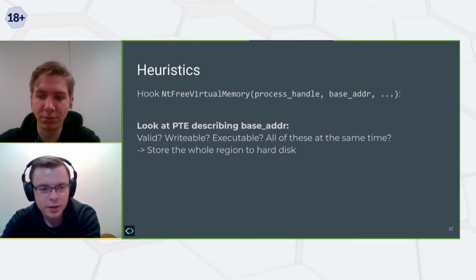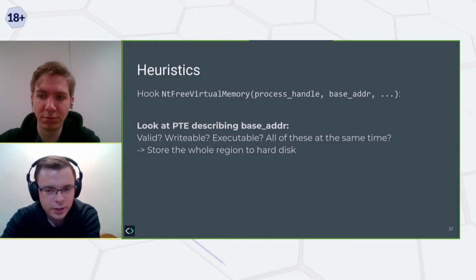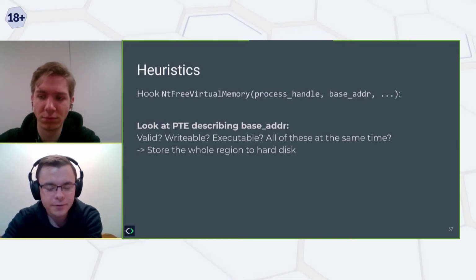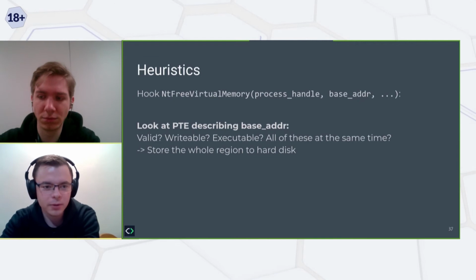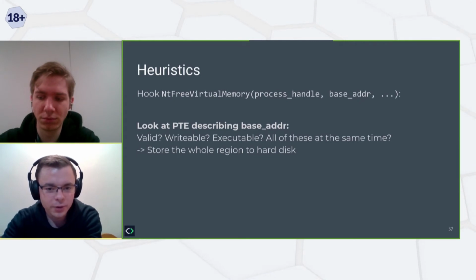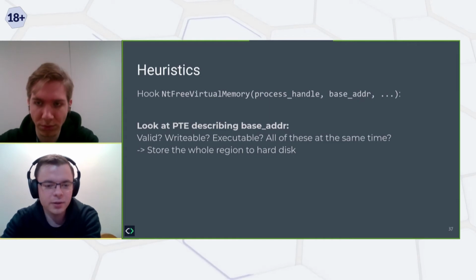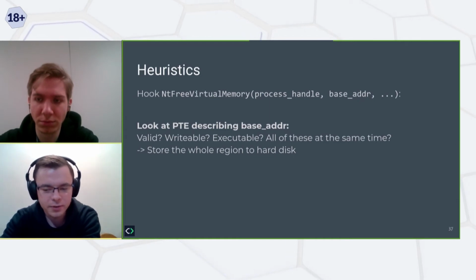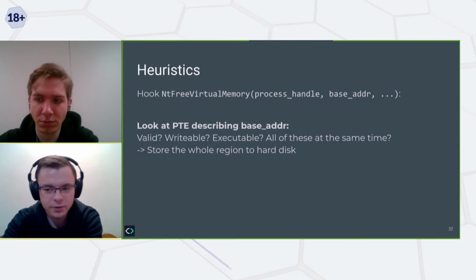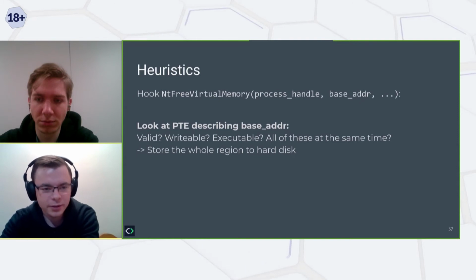If it looks so, then it also looks like a malware, or at least something interesting, because usually normal programs don't have both writable and executable pages all at once, except legacy programs and the programs that are using JIT, but we don't care about JIT right now.